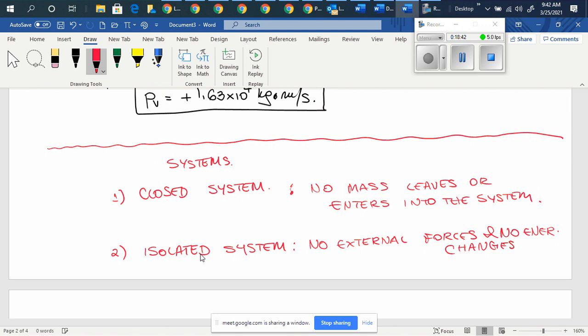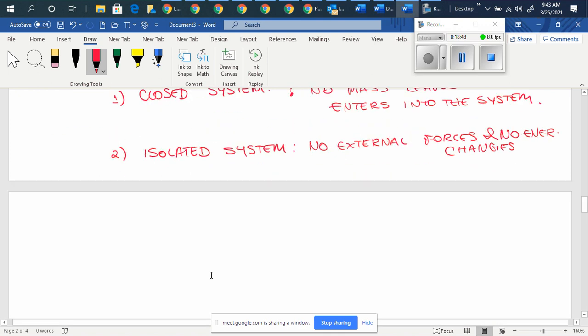When we say no external forces, it means no other forces besides the forces that we are taking into consideration. The third type of system that we talk about is known as the open system.